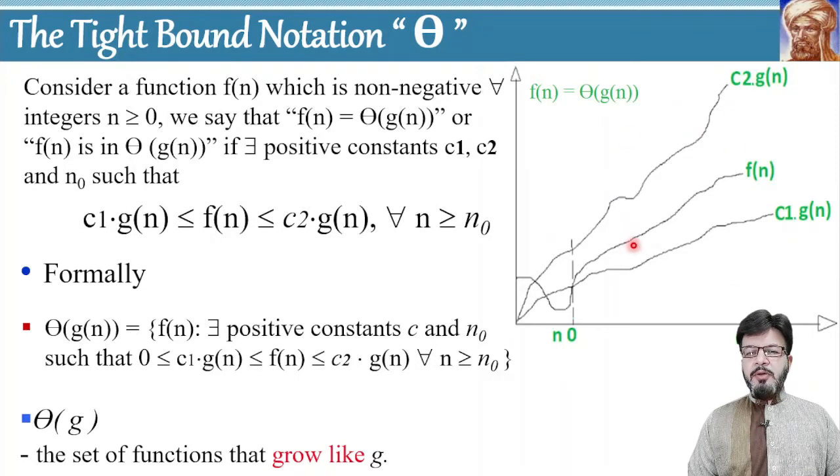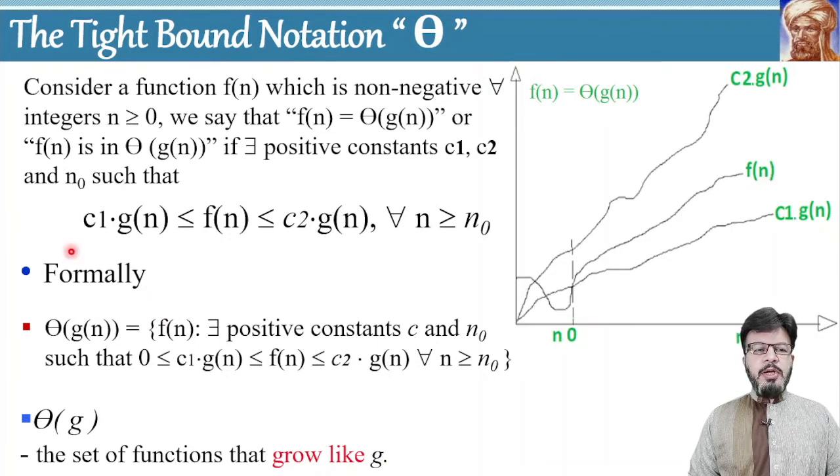As shown over here in the graph, after a constant n0, the function f of n is less than or equal to g of n multiplied by a constant c2, and greater than or equal to g of n multiplied by another constant, c1. So in this case we say that the functions f of n and g of n grow in a similar way. Now we will take some examples so that we can understand these definitions in depth.